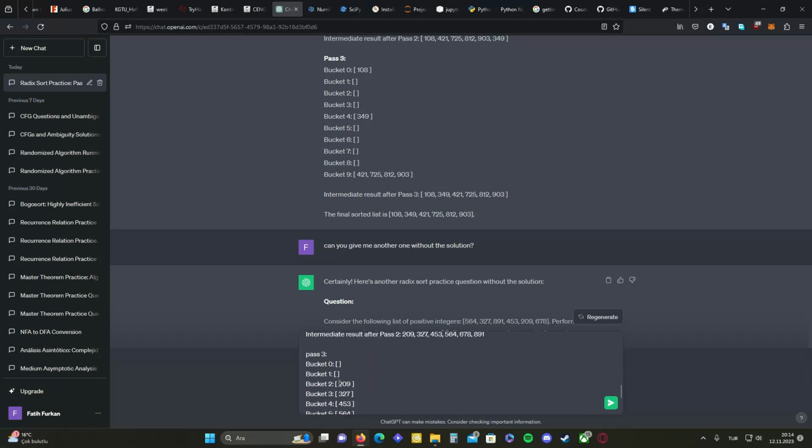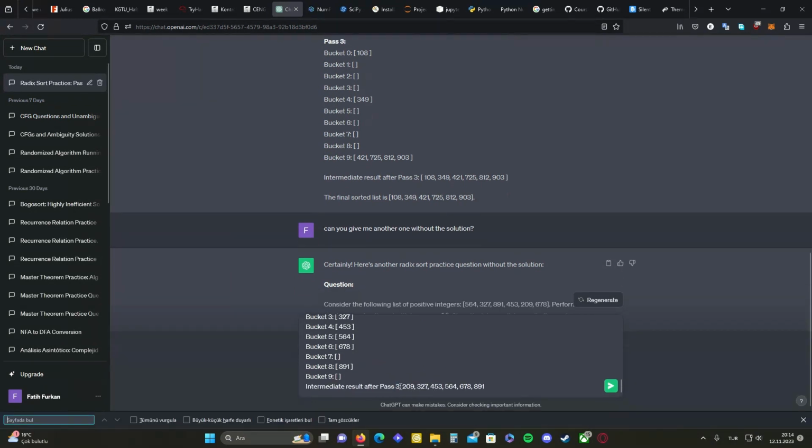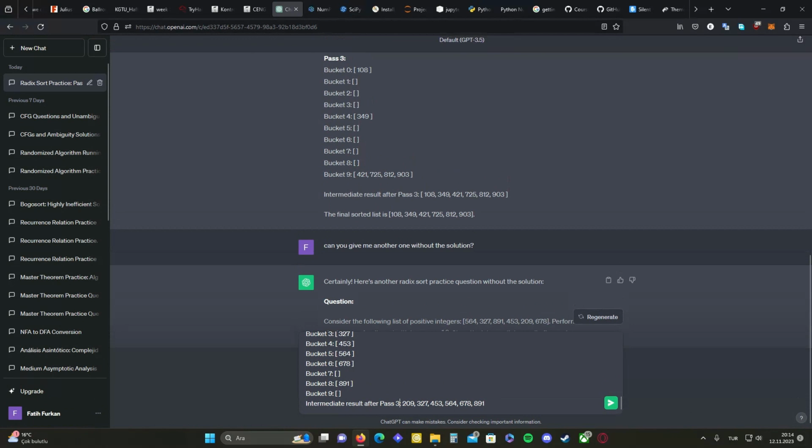And the intermediate result after pass 3 is the same as pass 2, which is sorted. Let's check if it is correct.